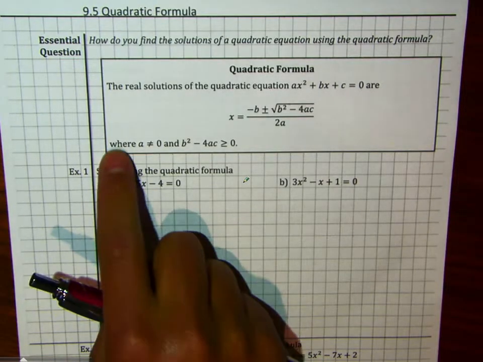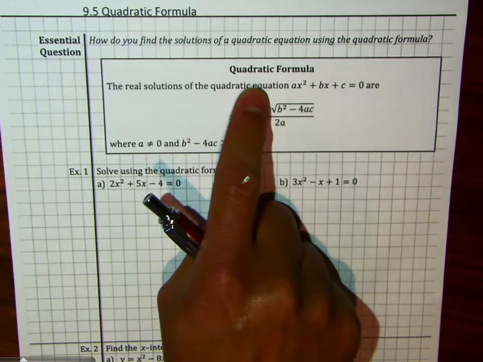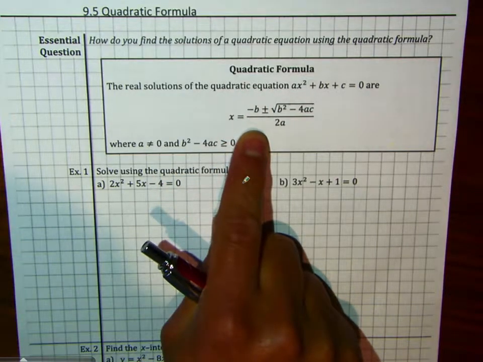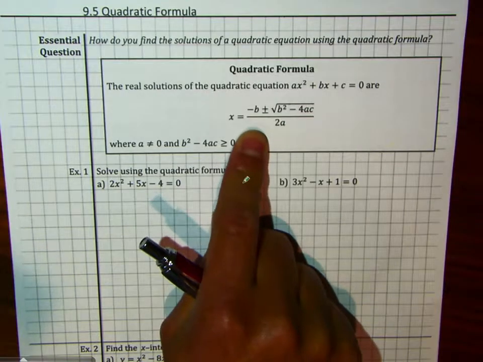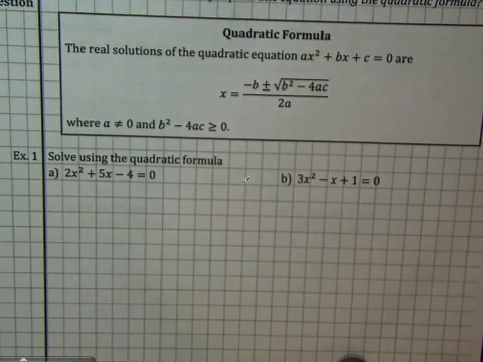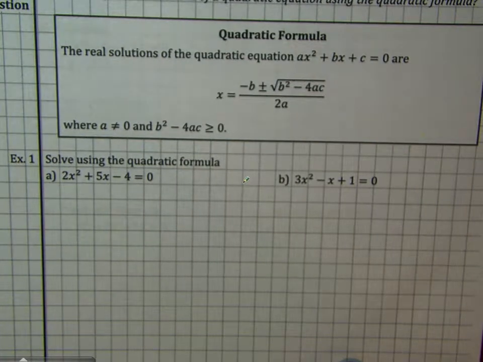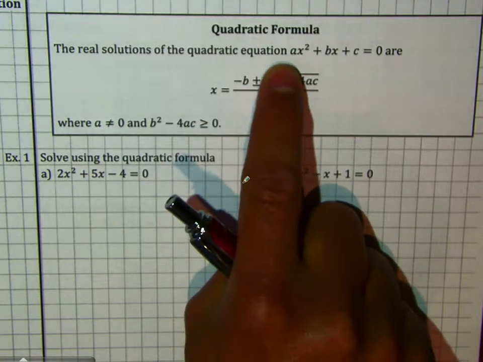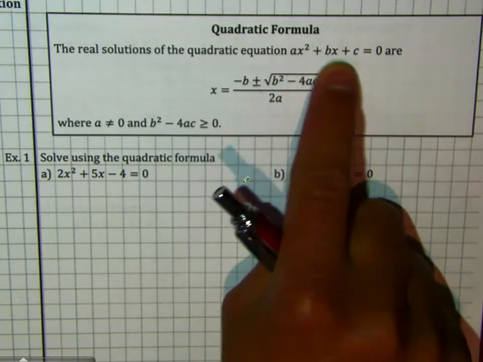So it says, the quadratic formula is a formula, just like you guys have your area formula for a triangle. We have a formula to find the solutions of a quadratic equation. In the formula, you need to have your equation in what we call standard form.